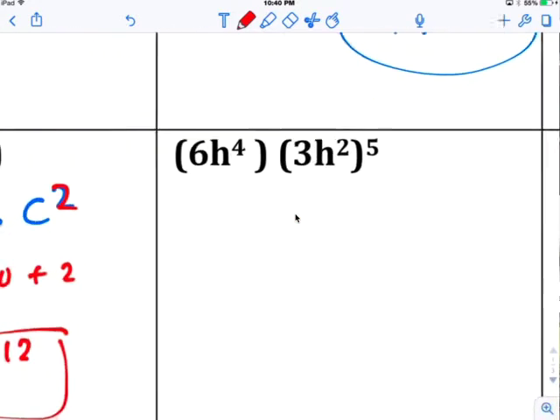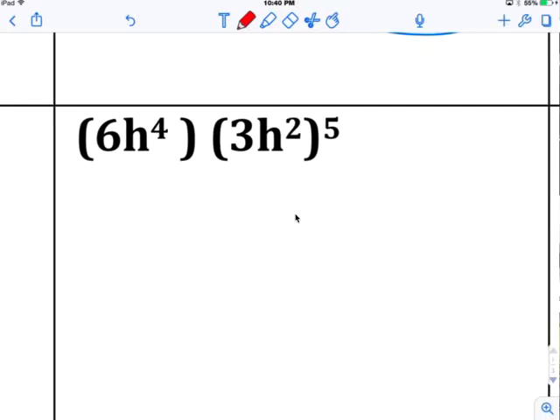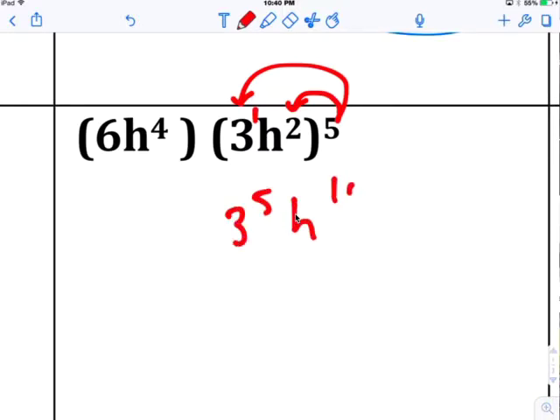Okay, so here, same thing. Distribute, that's a 1, 3 to the 5th, h to the 10th. 3 to the 5th is 9 times 9 times 9 times 9. 9 times 9 is 81 times another 9, too big, times the 6.